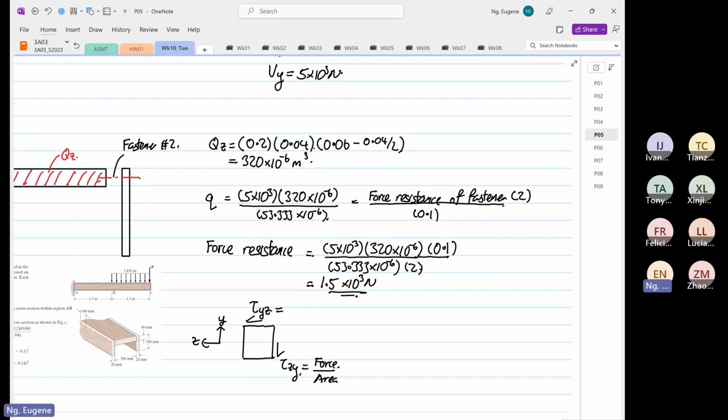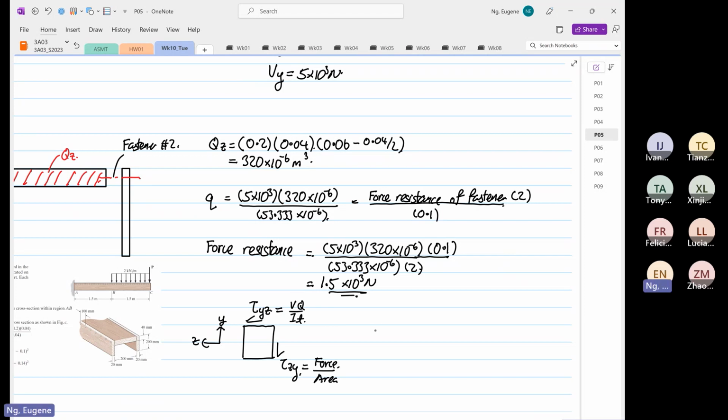Whereas this over here, the shear stress, is VQ over IT. Interesting, isn't it? One is the shear resistance of one plane, which is that formula. The other one is force divided by area.